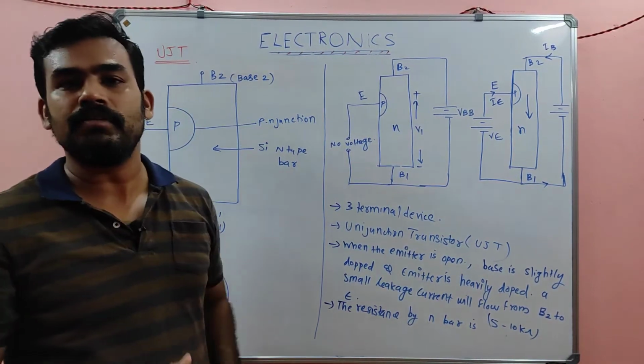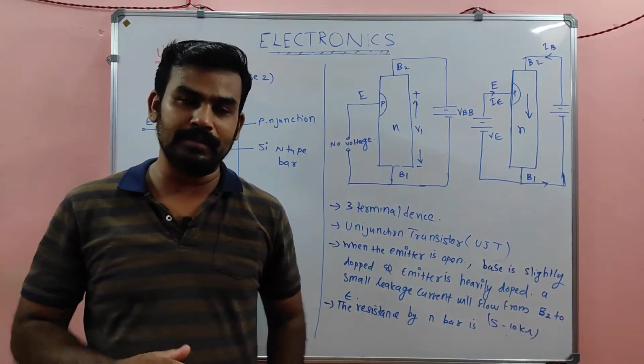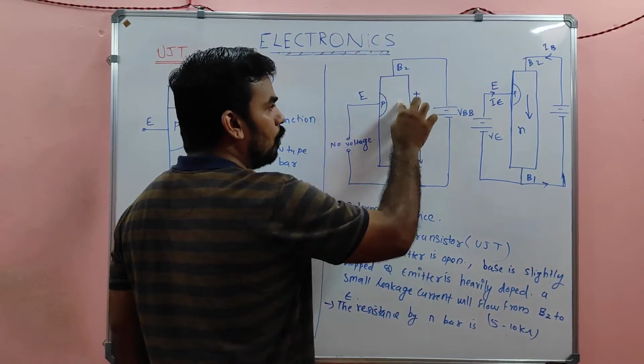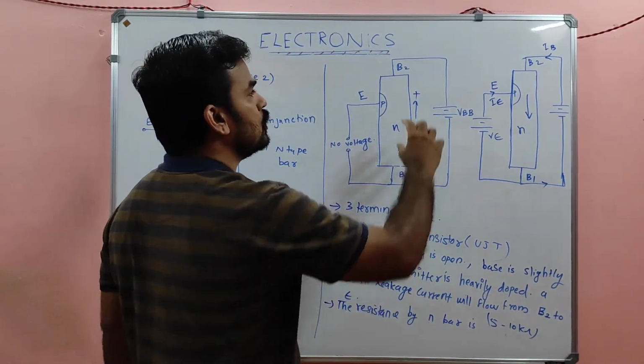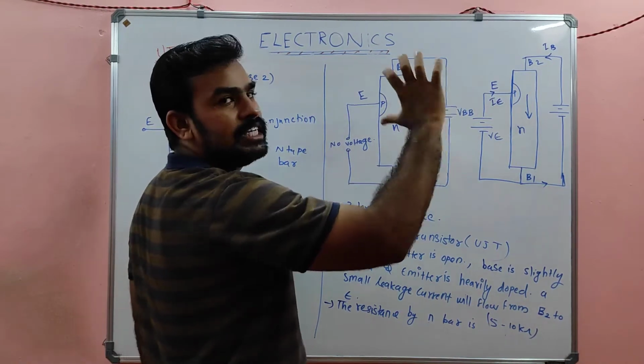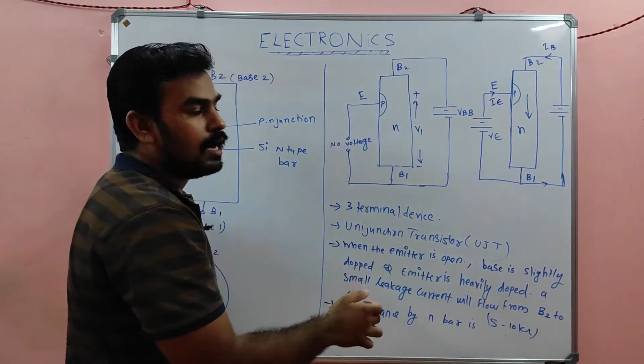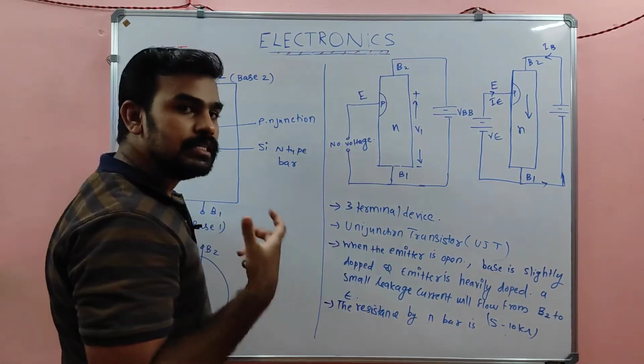So that much resistance will be there along this bar because it is reverse biased. Forward bias resistance is much lower than reverse bias resistance. We already know that. So the P and the whole N are reverse biased, so there is an appreciable voltage drop across the whole N bar, which is V1.